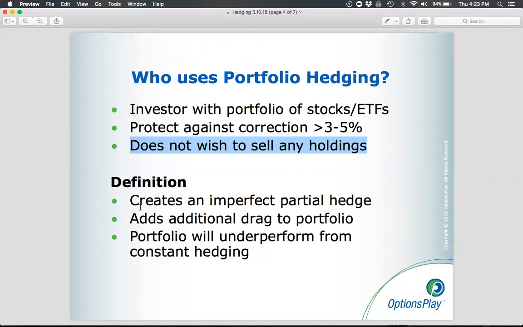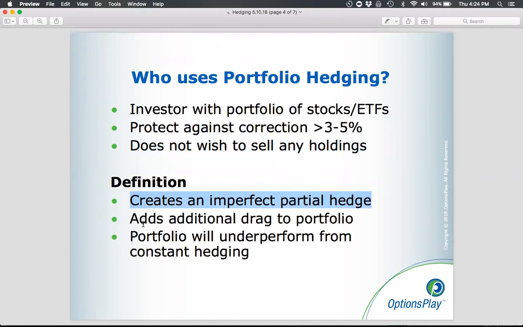So just to understand what that actually provides you. Number one, it creates an imperfect partial hedge. So this is a strategy that will give you a partial hedge. It's not a good dollar for dollar hedge. Again, if you're looking for a perfect dollar for dollar hedge, the best thing to do is simply sell your position, sit in cash until you feel the markets are going to resume going higher again.